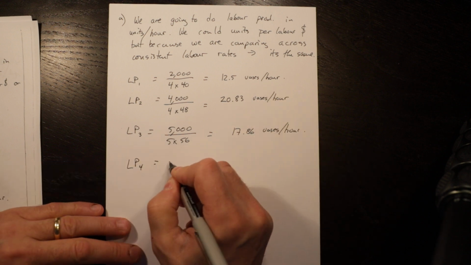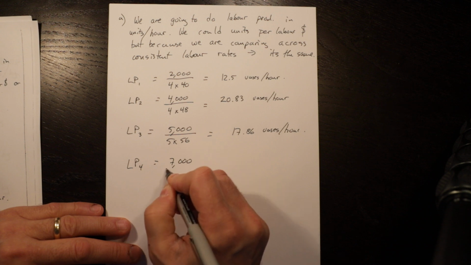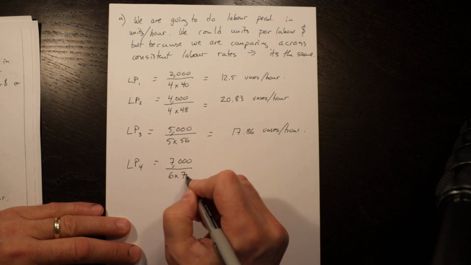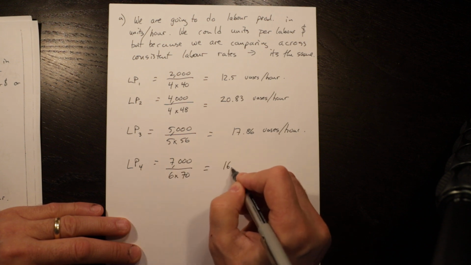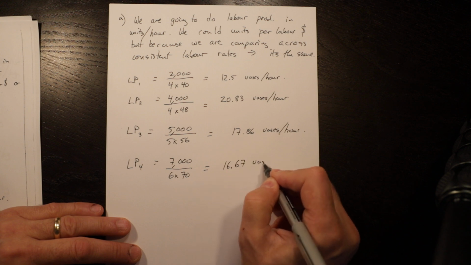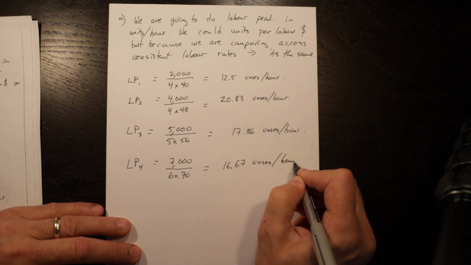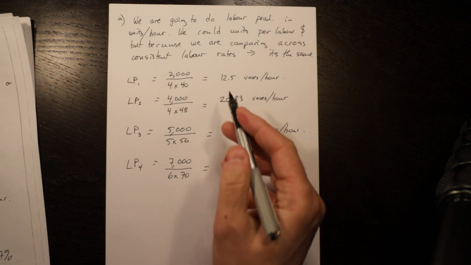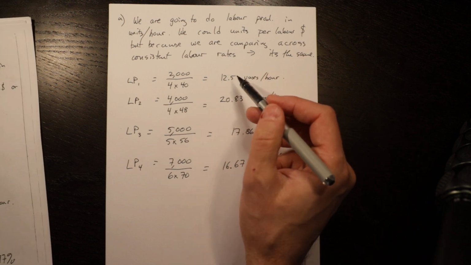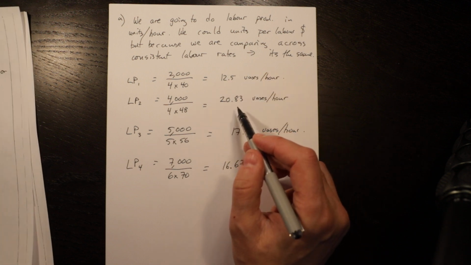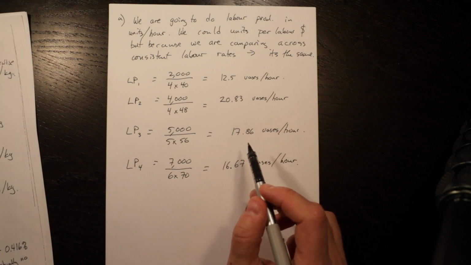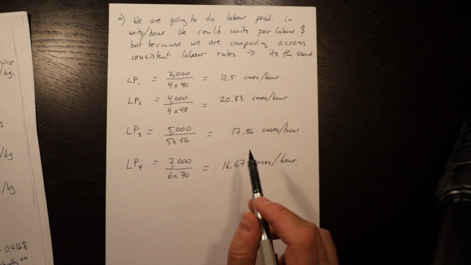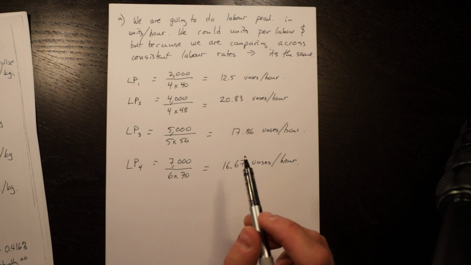LP4 is equal to 7,000 divided by 6 times 70 is equal to 16.67 vases per hour. So we've seen productivity go up dramatically to 20.83. We then saw it come down. I would argue that these two are within the same range of each other.